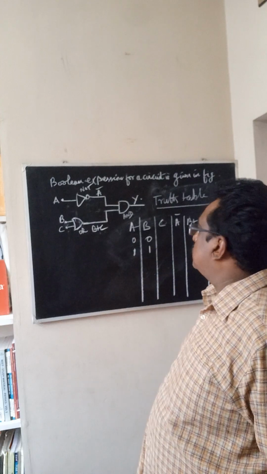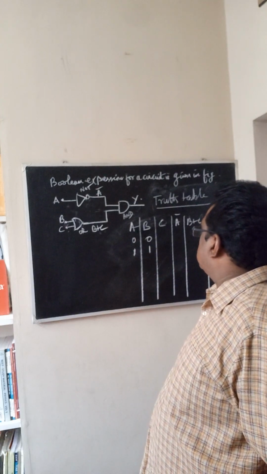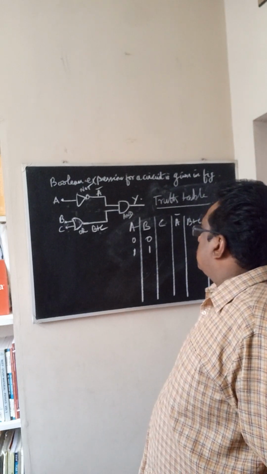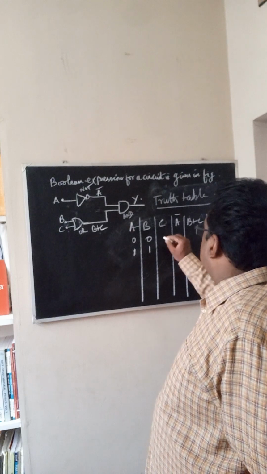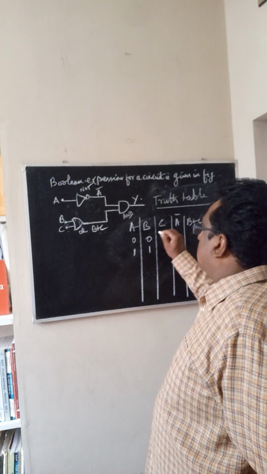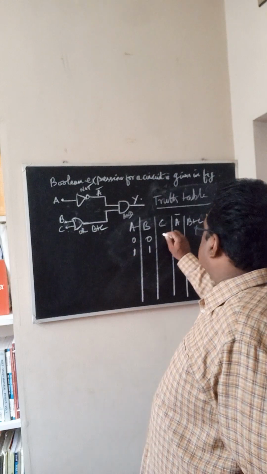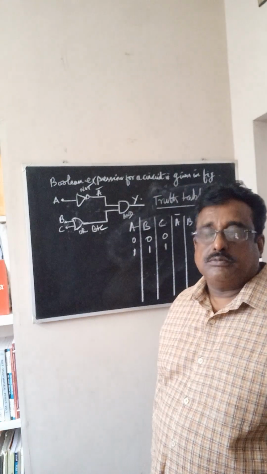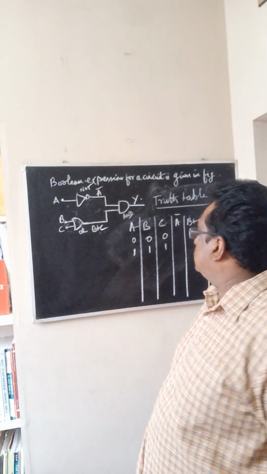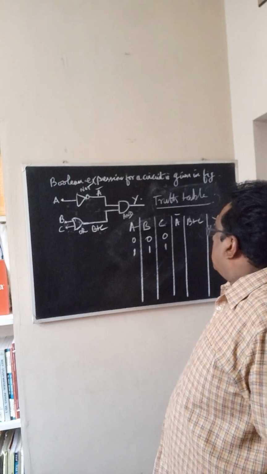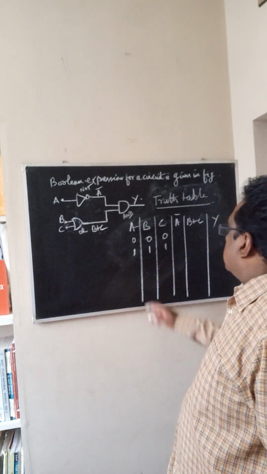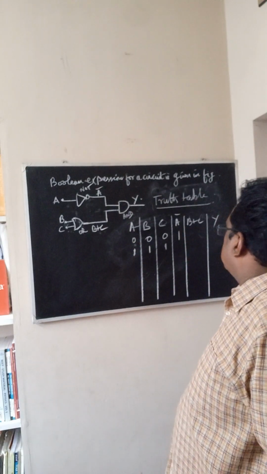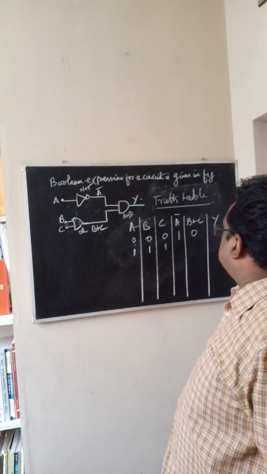Or it can be 1, where it can be 0 or 1. If that being the case, then 0, the inversion of it will be 1. 0 plus 0 will be 0.